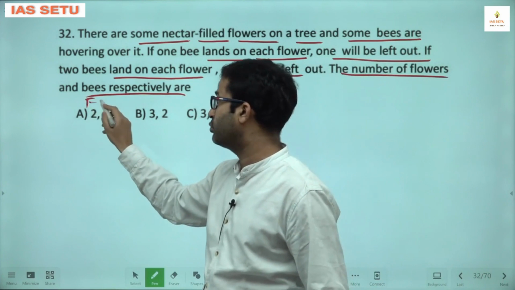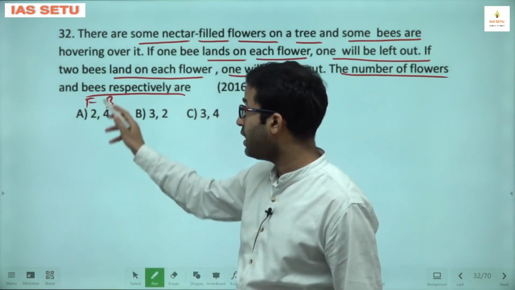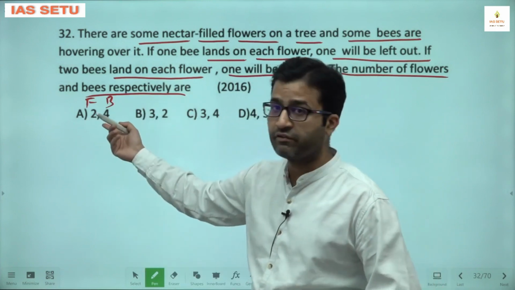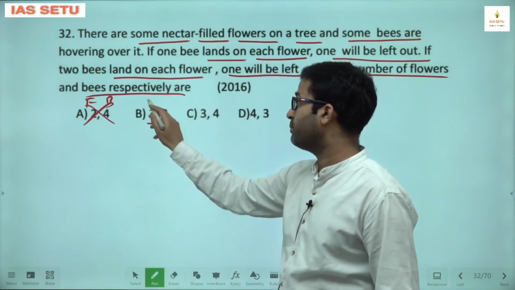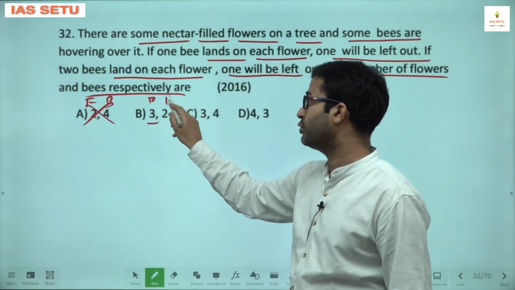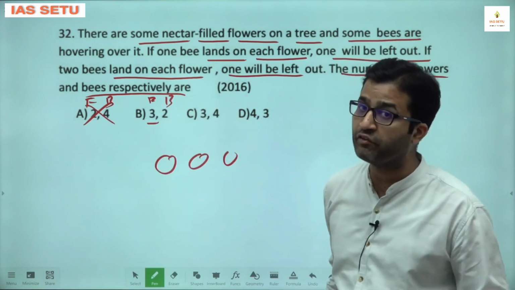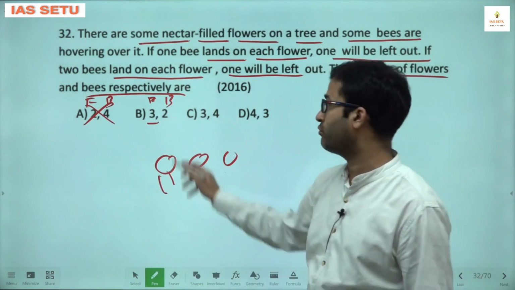So if it is flower 2, bees 4. So if there are 2 flowers and in the second statement on every flower there are 2 bees, neither the flower is left out nor the bees, so it is not possible. If it is number of flowers 3, number of bees 2. So if there are 3 flowers, the second statement says on every flower there are 2 bees. So both bees are there, 2 flowers are left out, not 1.